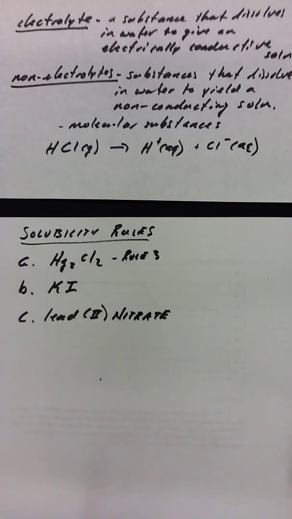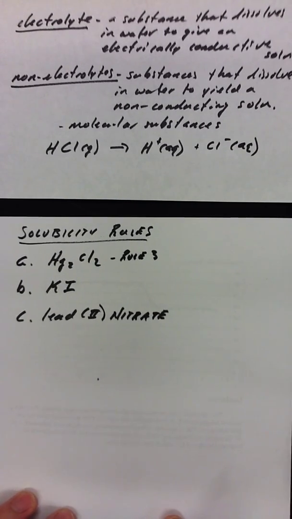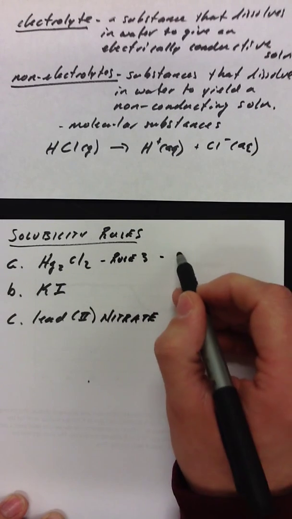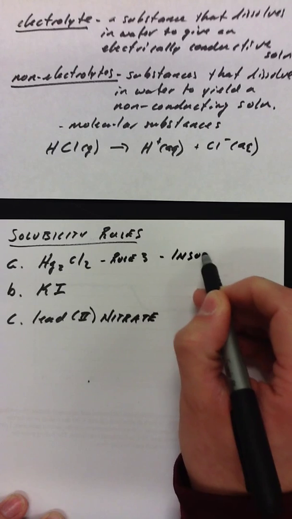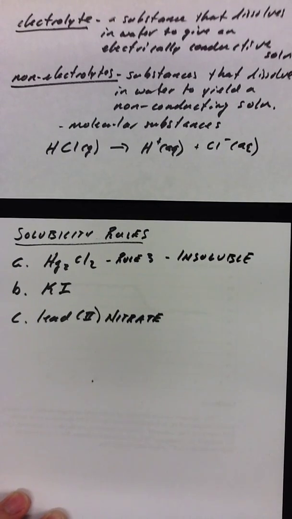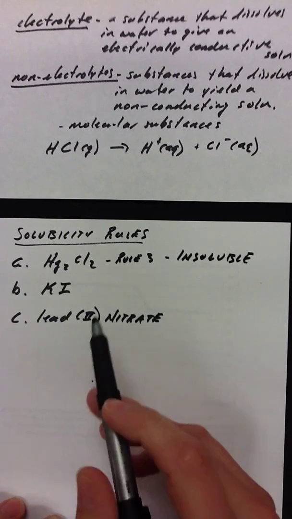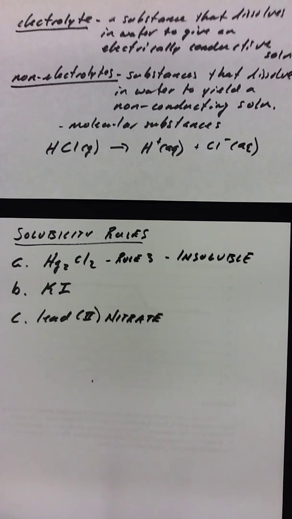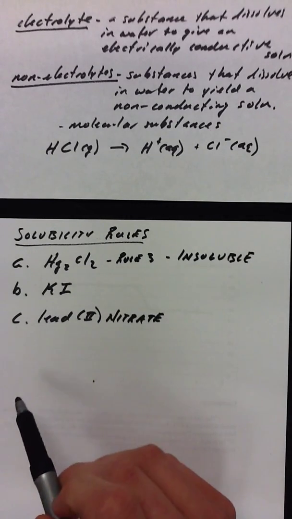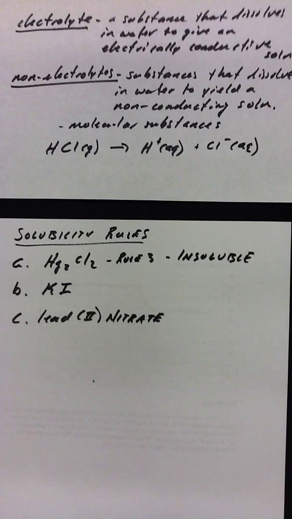So it does not dissolve in water. So therefore we would say that mercury chloride, according to Rule 3, is insoluble. And that's literally how we progress through these types of problems. We're asked to find whether or not they will be soluble. We look at the compound itself, and we look at what rule it applies to, and then we can determine whether or not it's soluble or insoluble.